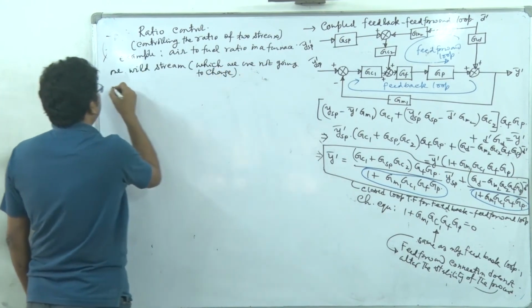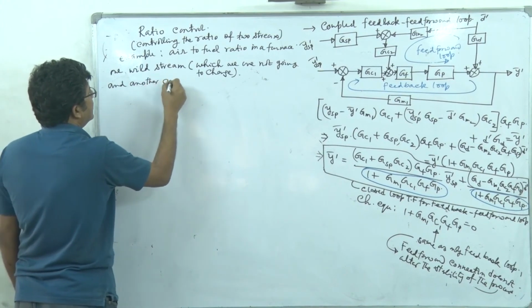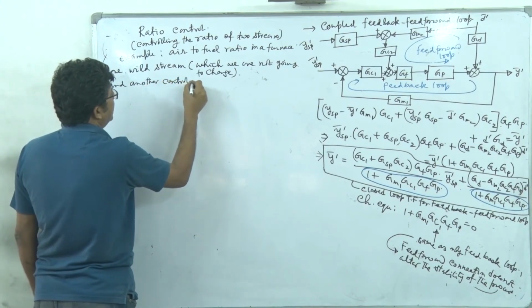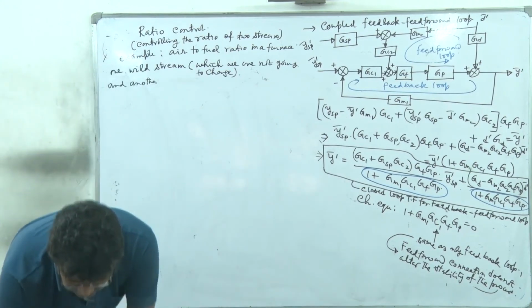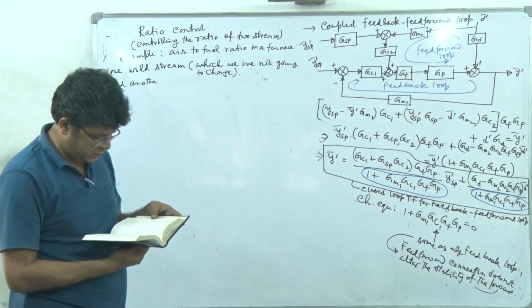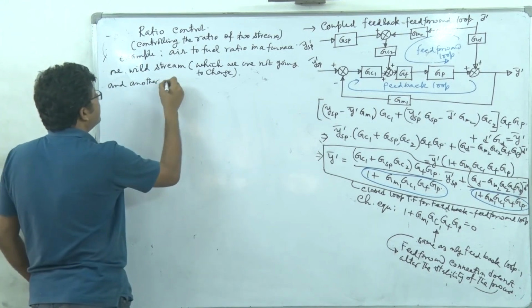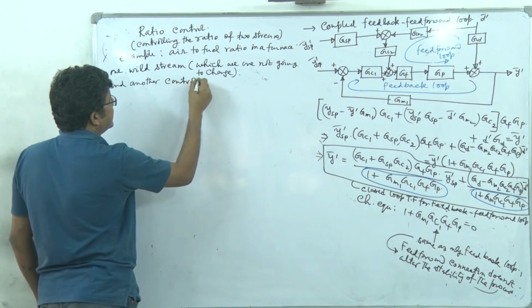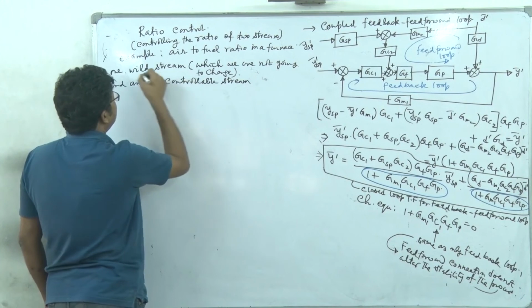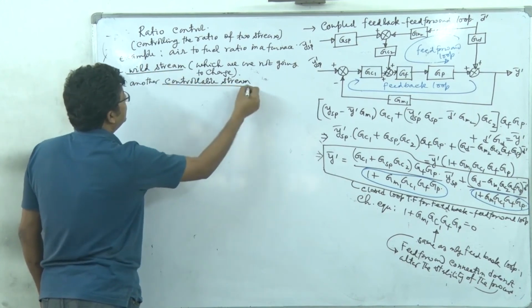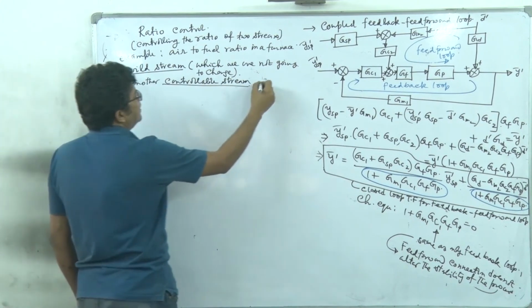And the other is the controllable or manipulated stream. With the technical name, we use another controllable stream. One wild stream, another controllable stream in ratio control.